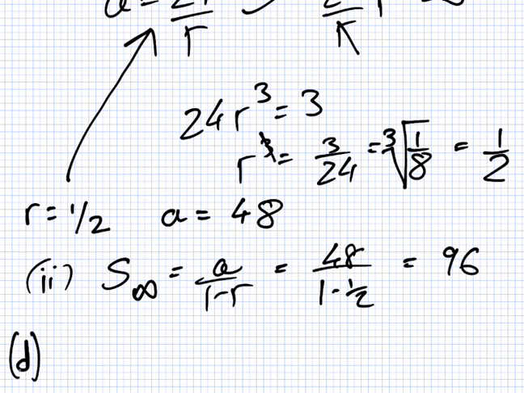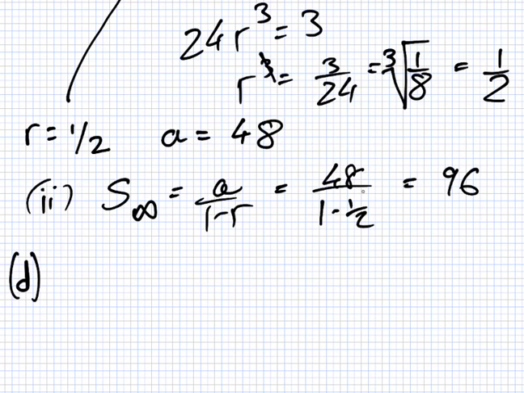A over 1 minus r. Sum to infinity is always a over 1 minus r.